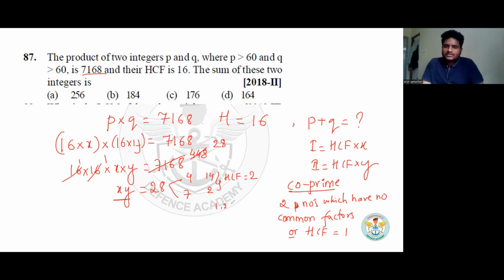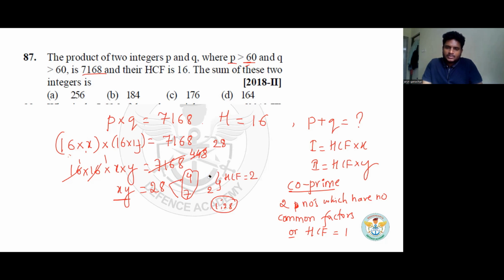We can take 1 and 28, but they are telling P is greater than 60. If I take 1 and 28, my first number will be 16 into 1, which is 16. My number has to be more than 60, so I cannot take 1. The only thing I am left with is 4 and 7.